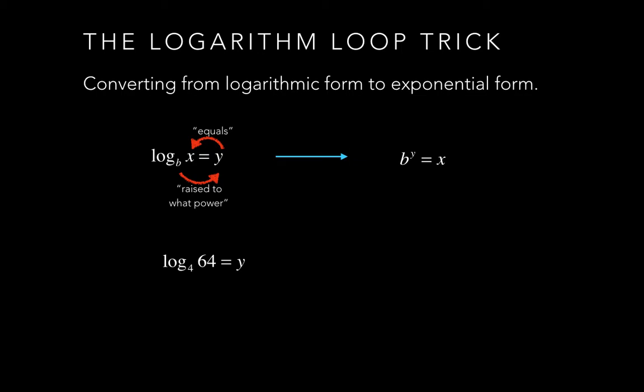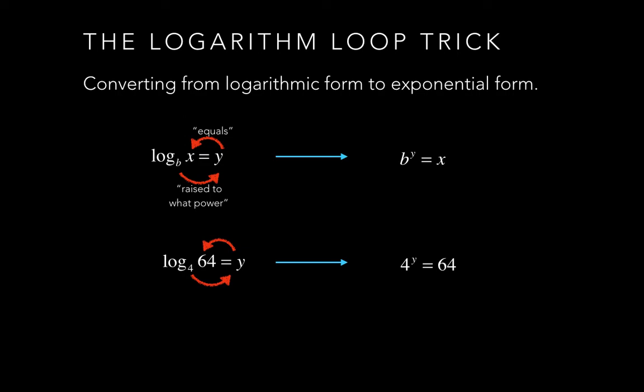So looking at this next problem, there are actual values here, and so we're going to think through this like we did just above. 4 raised to what power equals 64? I would write that out: 4 raised to y equals 64. And now this is kind of a puzzle. What would I raise 4 to the power of to give me 64?